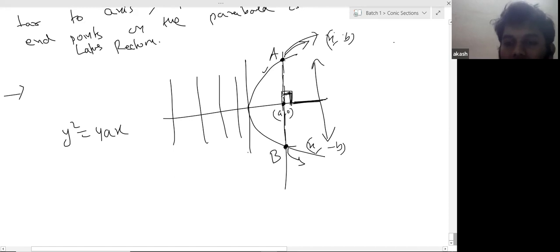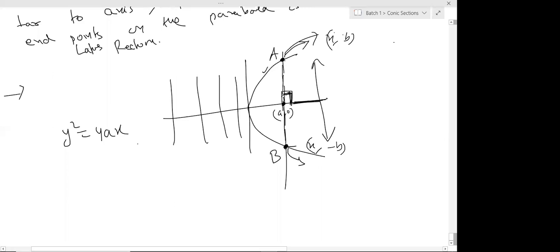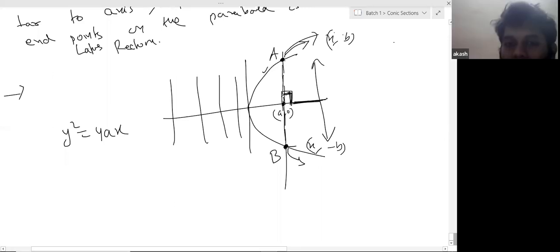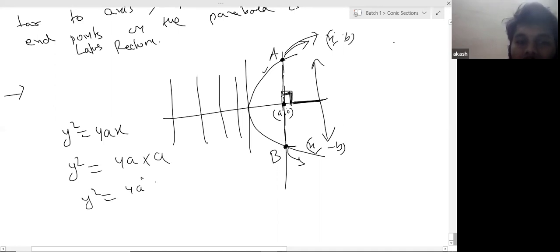Is this step clear? Yes, sir. So let me put the value of x as a, because the x coordinate is a here, passing through focus. So y square equals 4a into a, that means y square equals 4a square, so y equals plus minus 2a. So the coordinates are a comma 2a and a comma minus 2a.